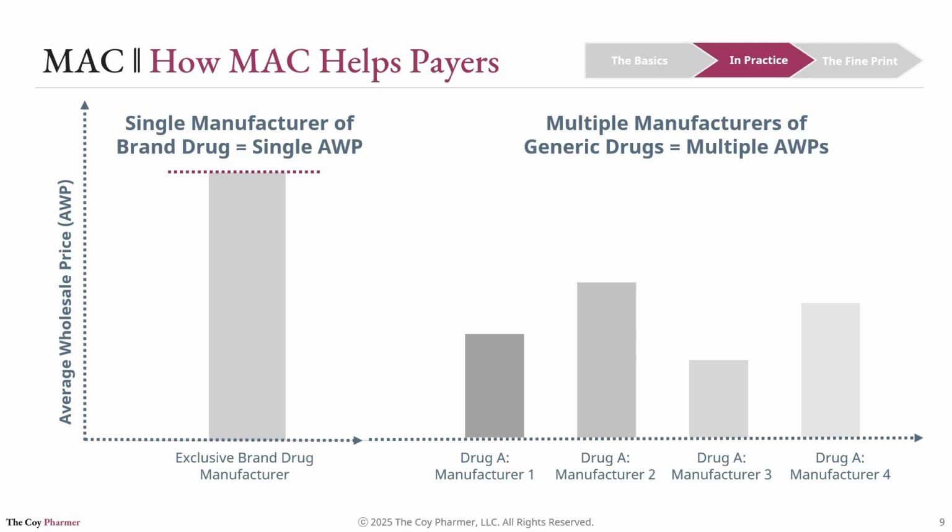In this case, because the manufacturers are setting the AWP, the manufacturers of generic drugs may set different AWPs from one another. So this creates somewhat of an imbalance or difficulty when PBMs are attempting to negotiate for drugs, as typically in brands, the basis is AWP, and in generics, they need to find another mechanism to be able to align incentives with the pharmacies.